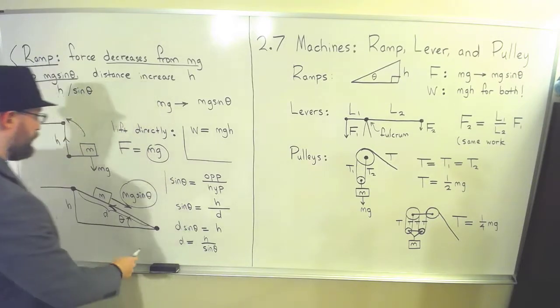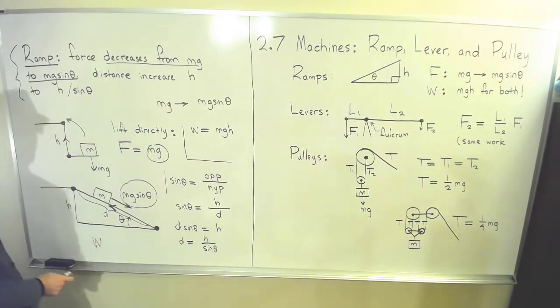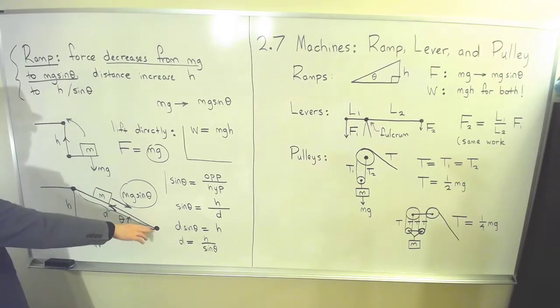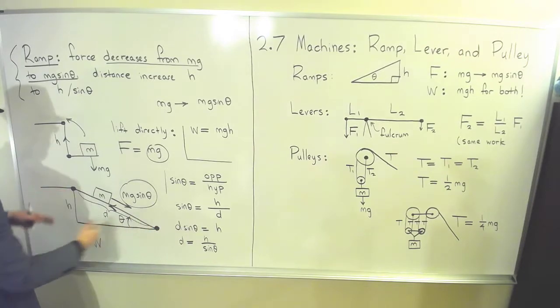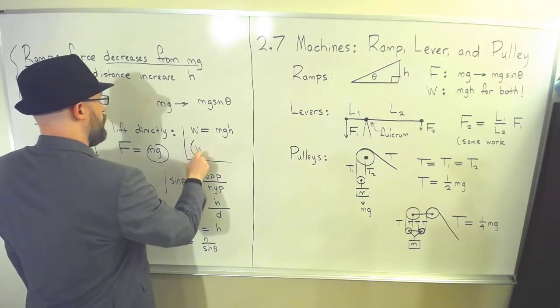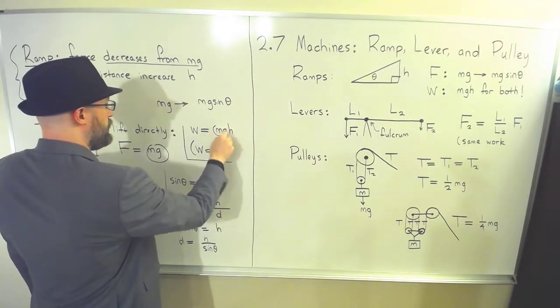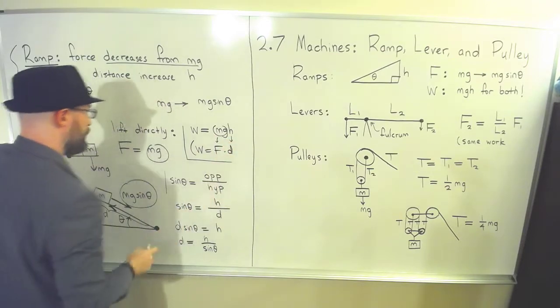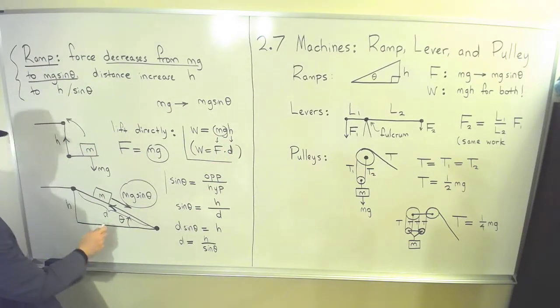Work equals mgh. Well, in this case, you're applying a smaller force over a longer distance. One way to see this was that work is force times distance. The force was the mg, the distance was the h in that case. So if you're doing the same thing here, work equals force times distance.